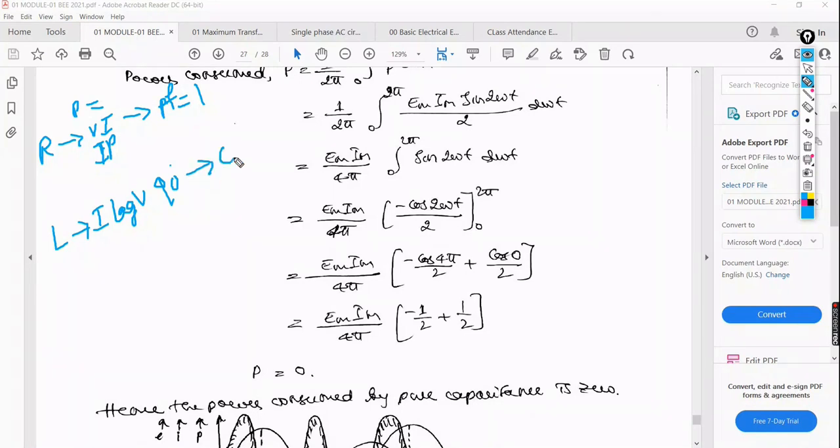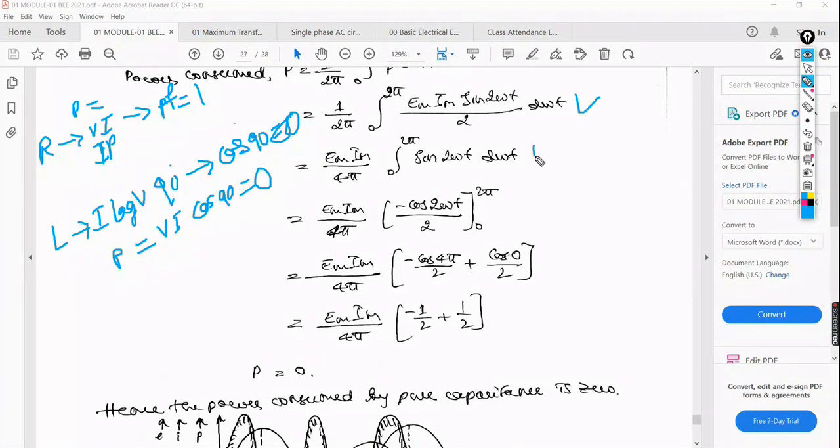What is cos 90? It is 0. What is the power consumed by pure inductance? VI into cos 90 is 0. So the average power consumed by the pure inductance is 0.